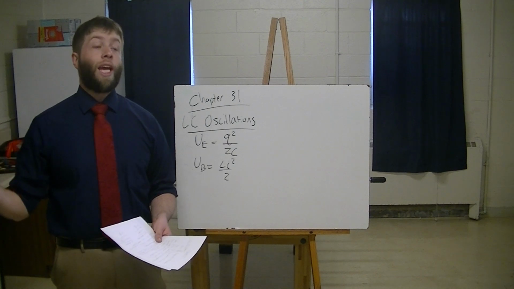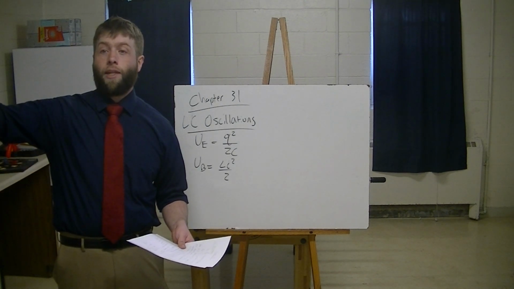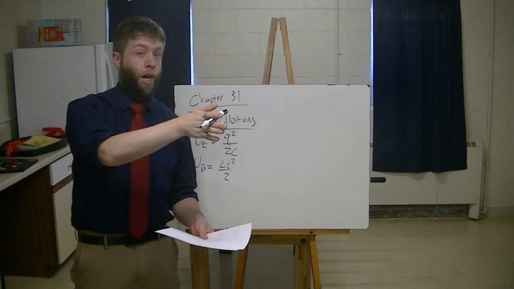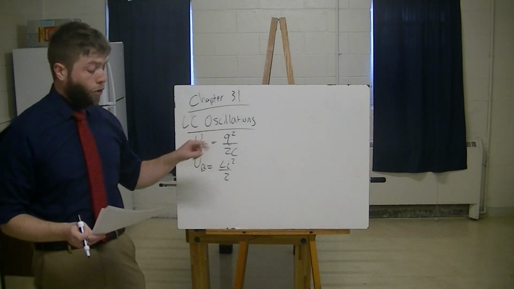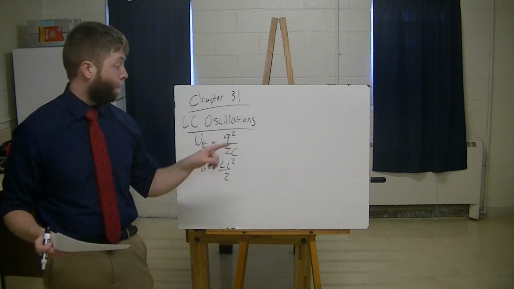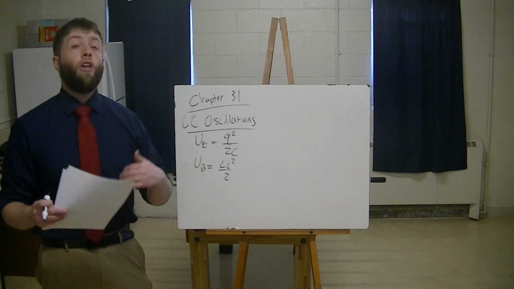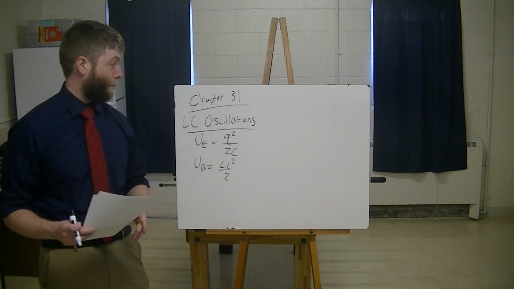We referred to the amplitude of the displacement as how far out the mass could get from the equilibrium position, either through a stretch or a compression. We're going to use the exact same idea here. Little q refers to the charge at a certain time. Big Q refers to the amplitude of the charge, the maximum amount of charge. Just keep that in mind.